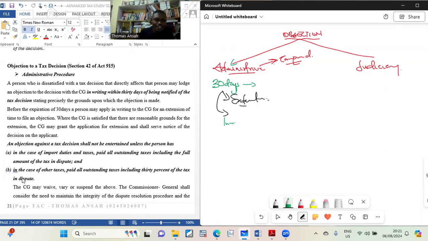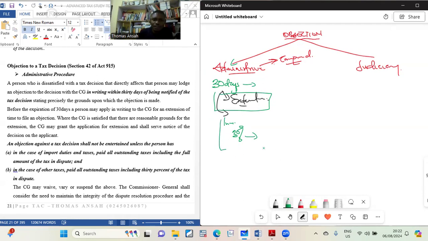So in the case of import duties and those things, you have to pay all your outstanding taxes. But in the case of any other tax, like let's say your PIT, your CIT, or anything, you have to pay all your outstanding taxes, including 30% of the one that you are objecting. 30%. So the guy was like, in the case of customs, you say I should pay everything, including the one I'm objecting.